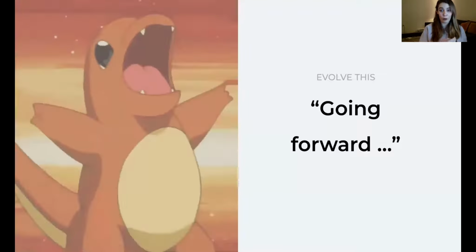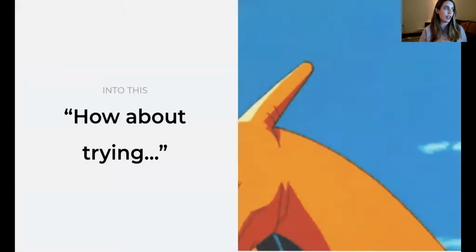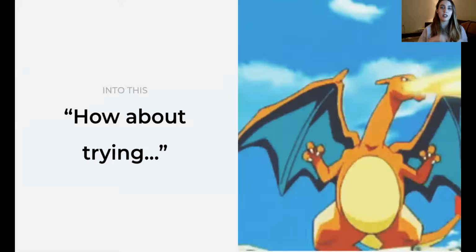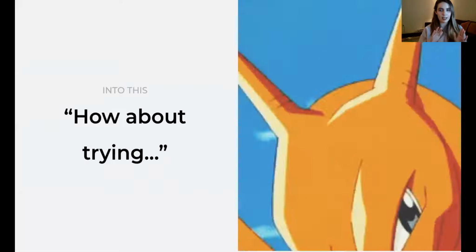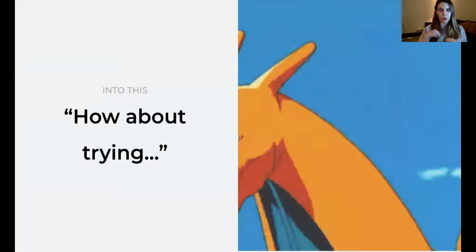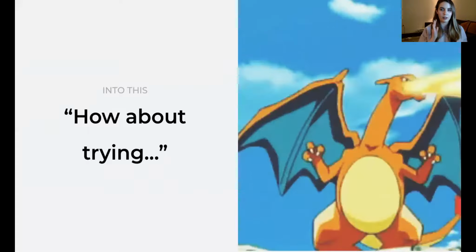Like, "Going forward, I would like this to be done" can sound a little harsh when you can switch it out to "How about trying." Sounds more collaborative. It has the exact same goal in mind, but it starts a conversation more than dictating.